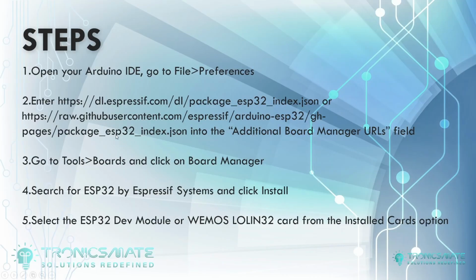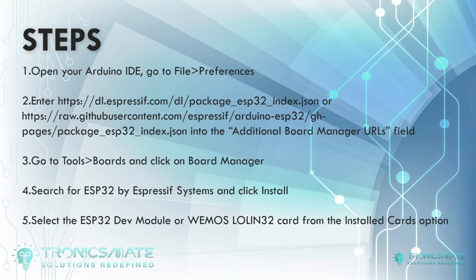So what we have to do now is enter this URL, because the Arduino IDE does not know where the packages for the ESP32 are. The packages for ESP32 do not come with the default Arduino IDE download, so we have to install them manually.